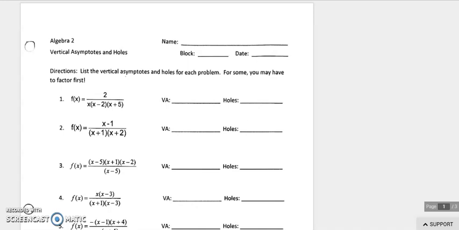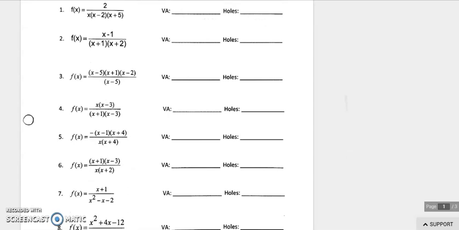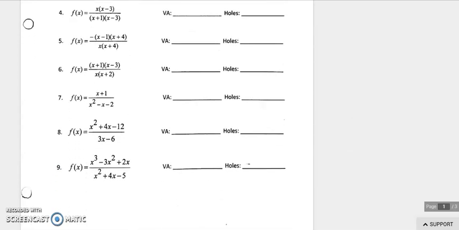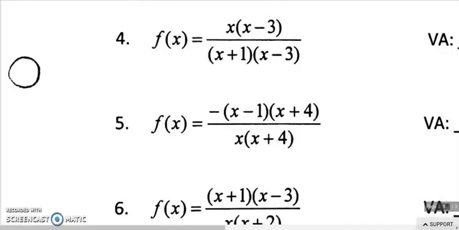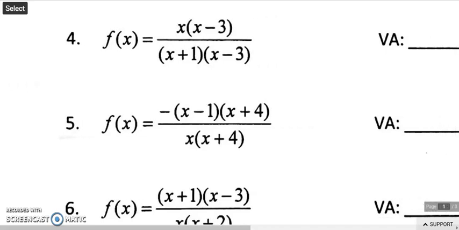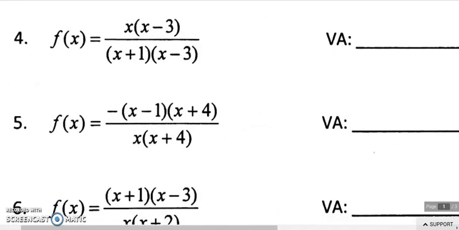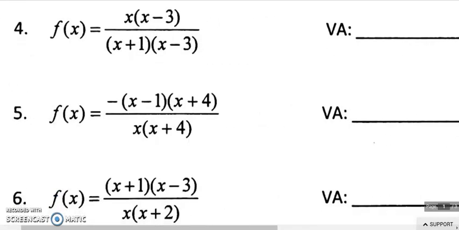So the first thing that I'm going to do is look at number 4. Notice that number 4 has already been factored for us, which is nice. If we had a function that was not in factored form, then we would have to factor it first so that we could try to simplify the fraction as much as possible.